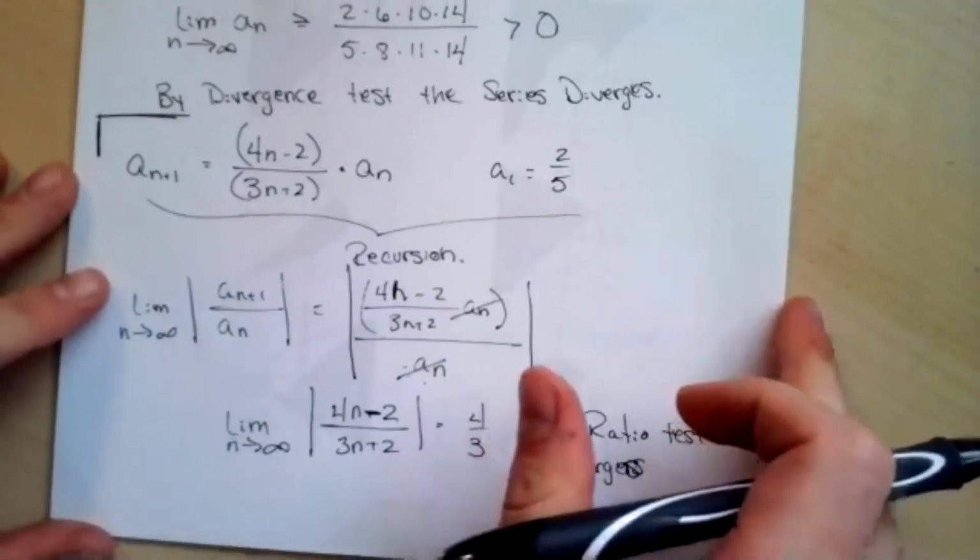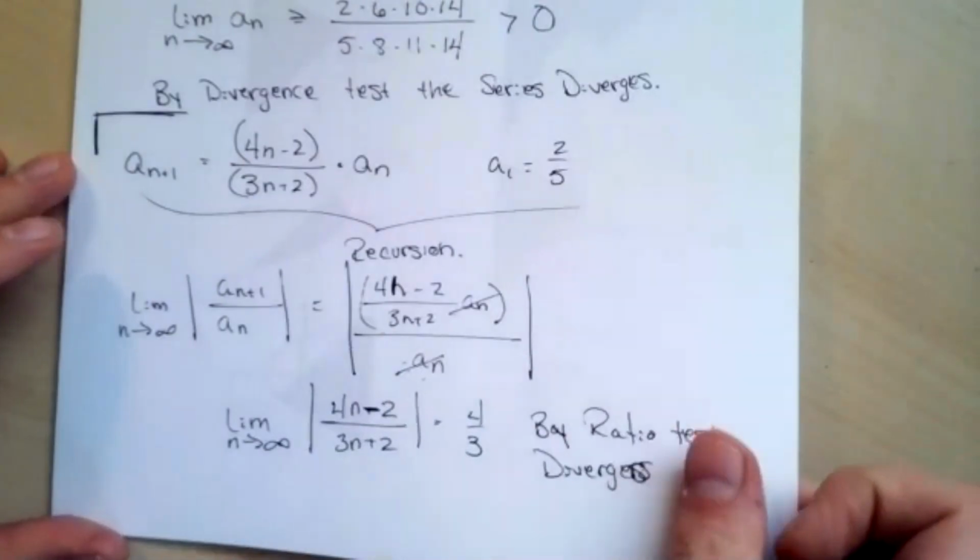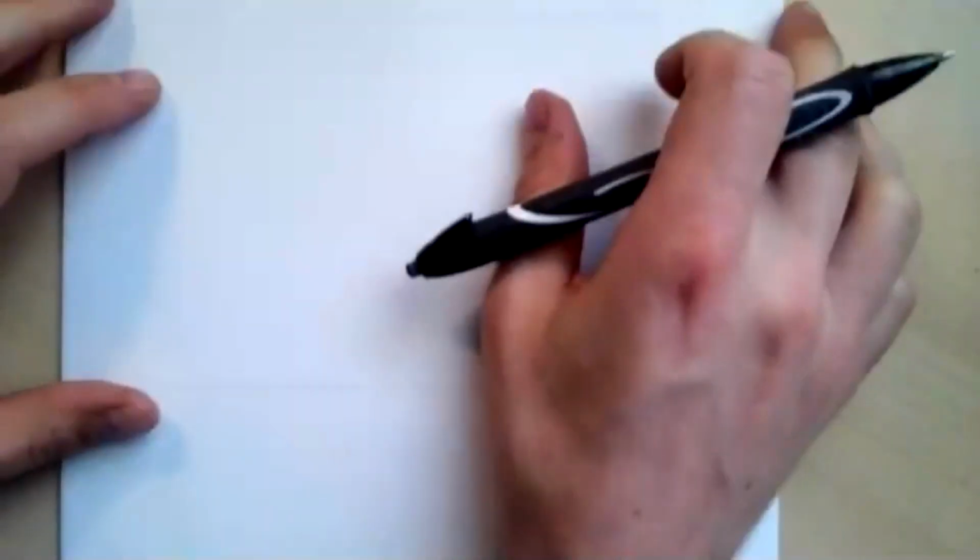Ratio tests are hard whenever you have n to the n. We saw this in lecture a little bit. I think I had one example where I had an n to the n, and then we tried to do a ratio test. You can do it. It's fairly hard, though. Easier way to do it might be the root test.